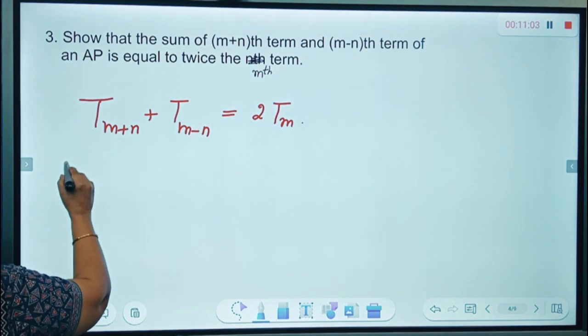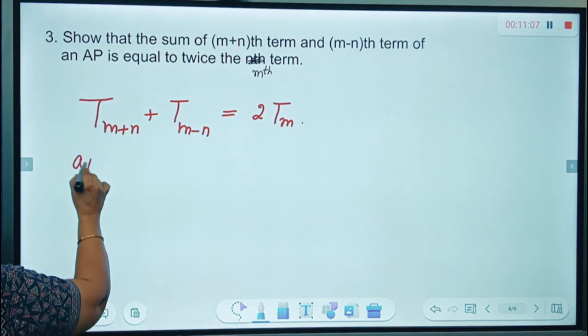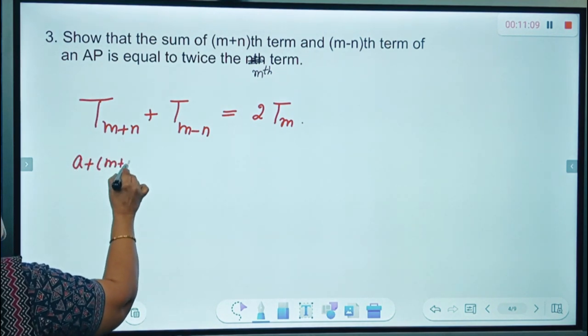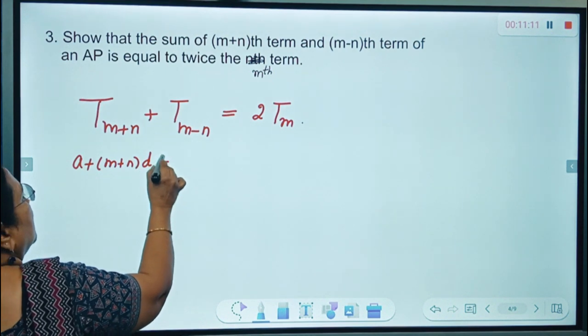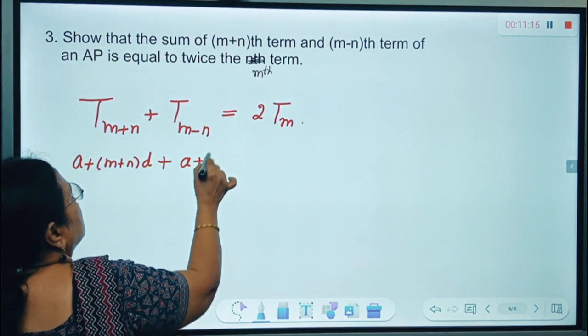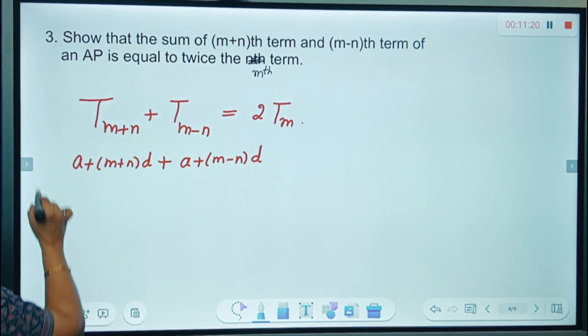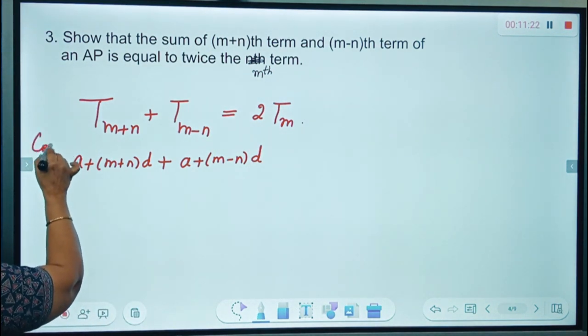What is this T of m plus n? A plus m plus n into d plus, what is T of m minus n? A plus m minus n into d. Okay, I am considering the left hand side.